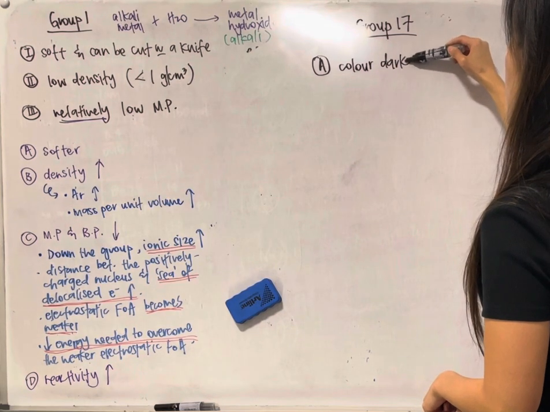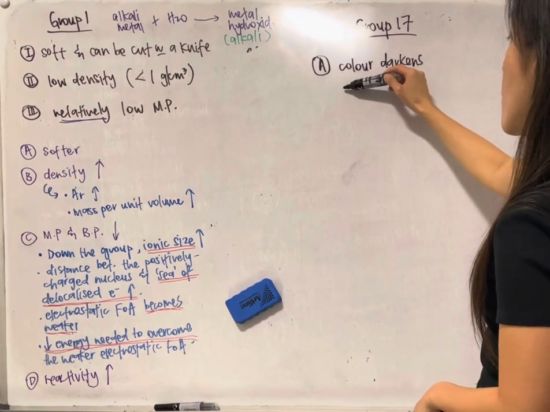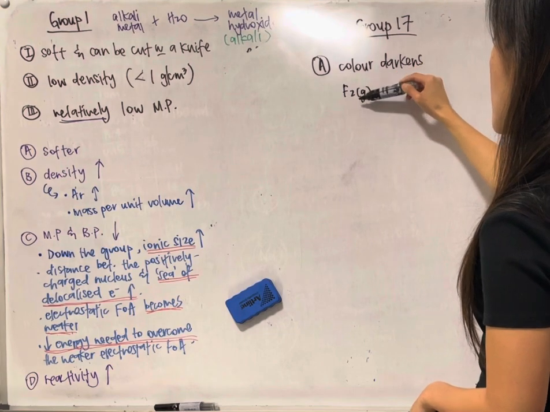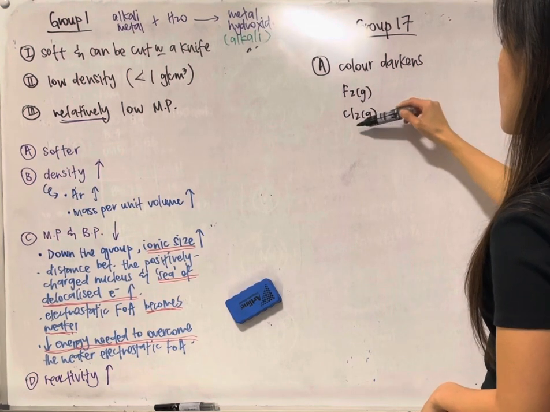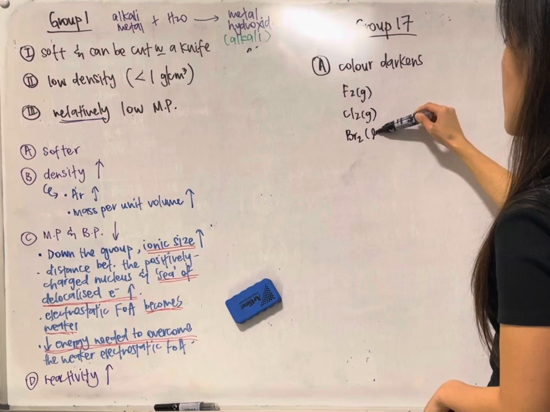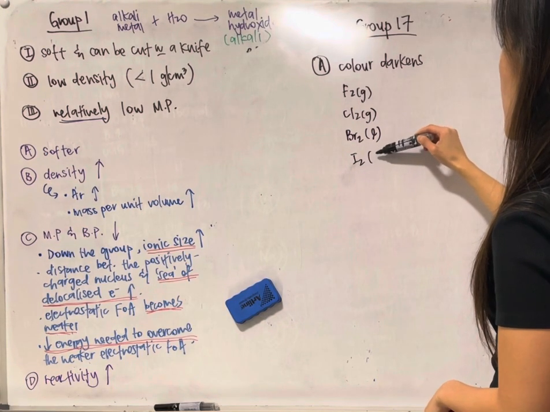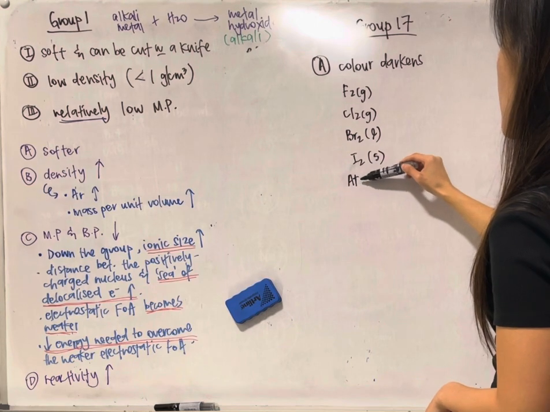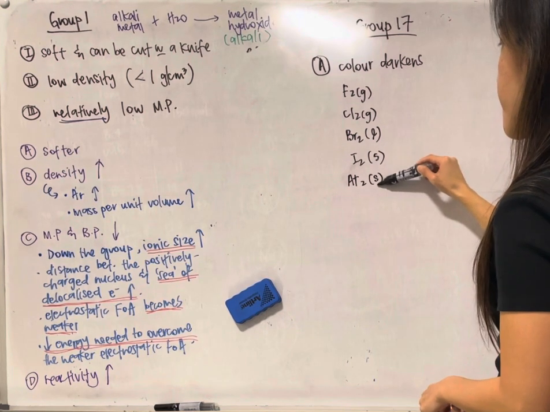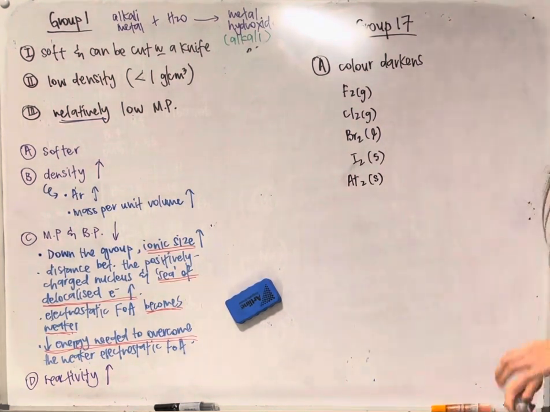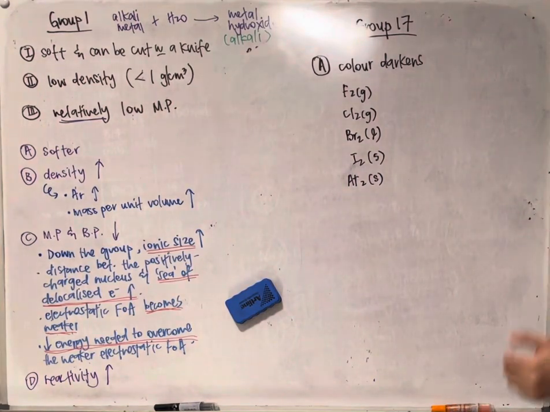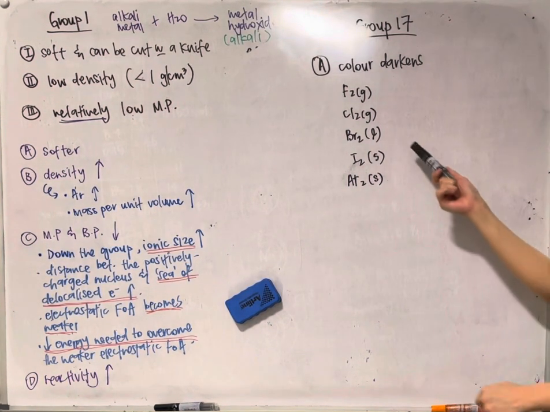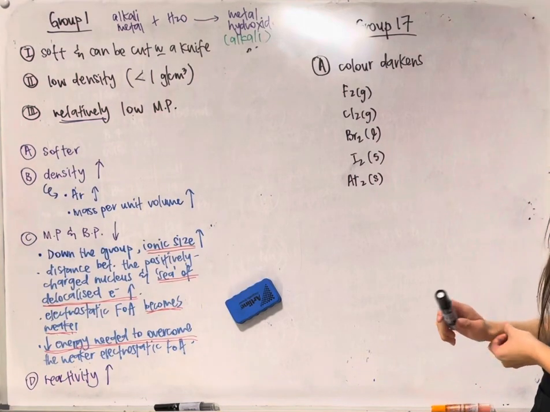Now, you are expected in the syllabus to know the color of fluorine, chlorine, bromine, iodine, and astatine in their standard state at RTP. Notice how I expect you to know the state at RTP. Bromine is the only one liquid at RTP.